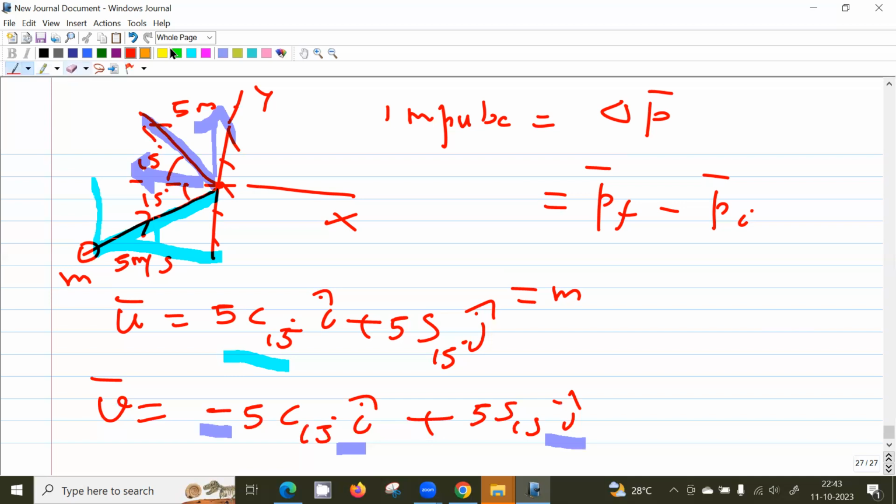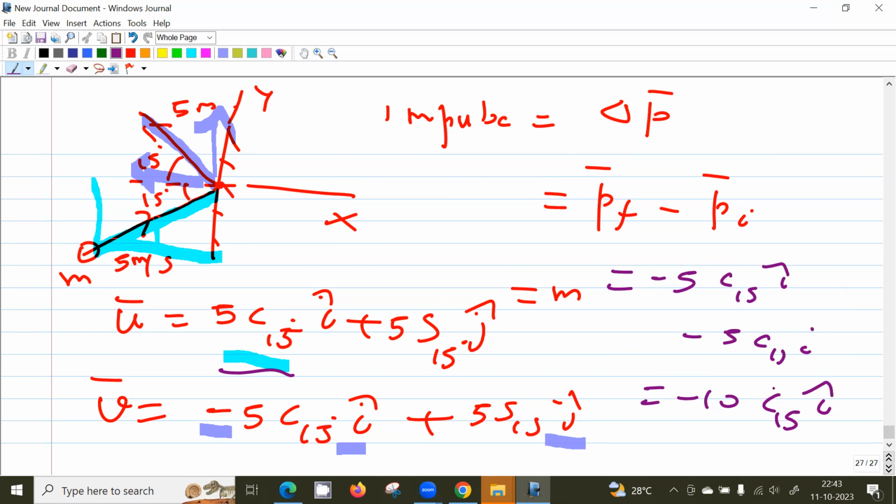So the change in momentum is final minus initial: minus u cos 15 i cap minus the initial, again u cos 15 i cap. So it will be minus 10 cos 15 in the i cap direction. The j components will cancel because these two are equal.